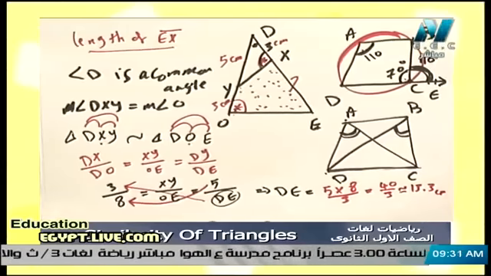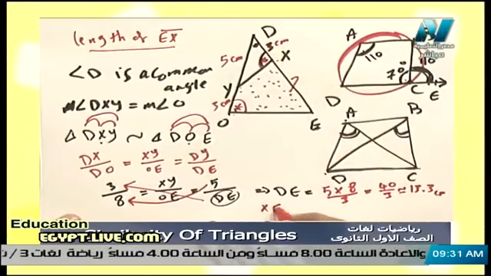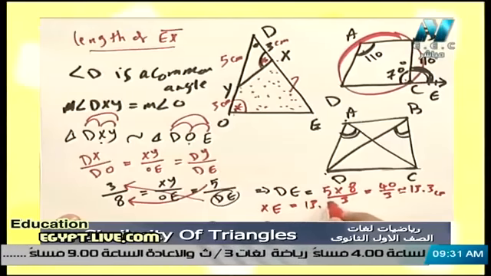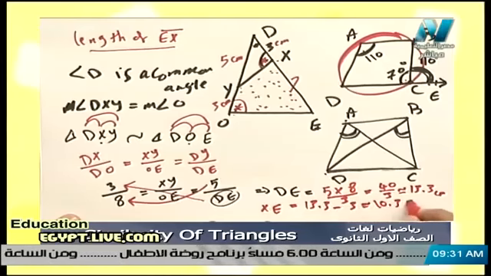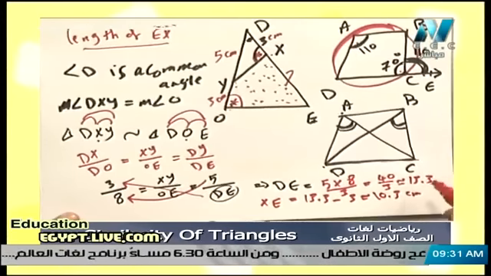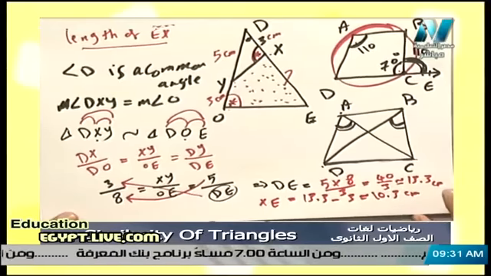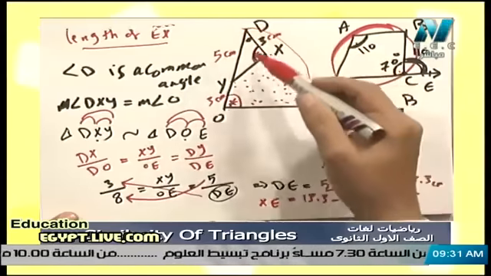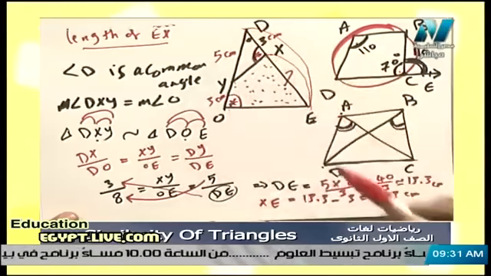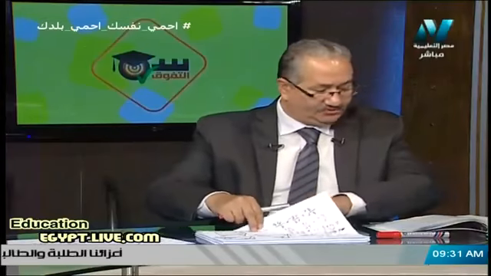This is approximate because you have 0.3333 and so on. And DX is 3, so we subtract the length of DX from the total length of DE to get XE. So XE equals 13.3 minus 3 equals 10.3. Okay, let's move to another corollary.